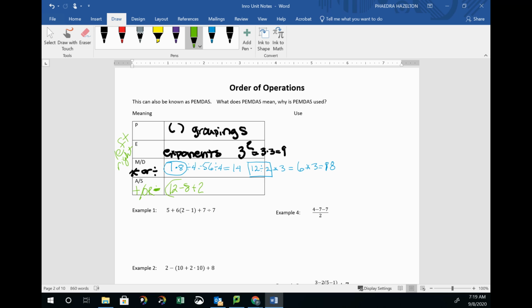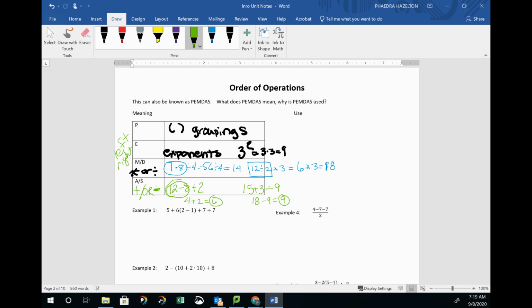You go 12 minus 8, which gives you 4, plus 2 is 6. Then 15 plus 3, and then minus 9. So 15 plus 3 is 18, minus 9 ends up being 9.